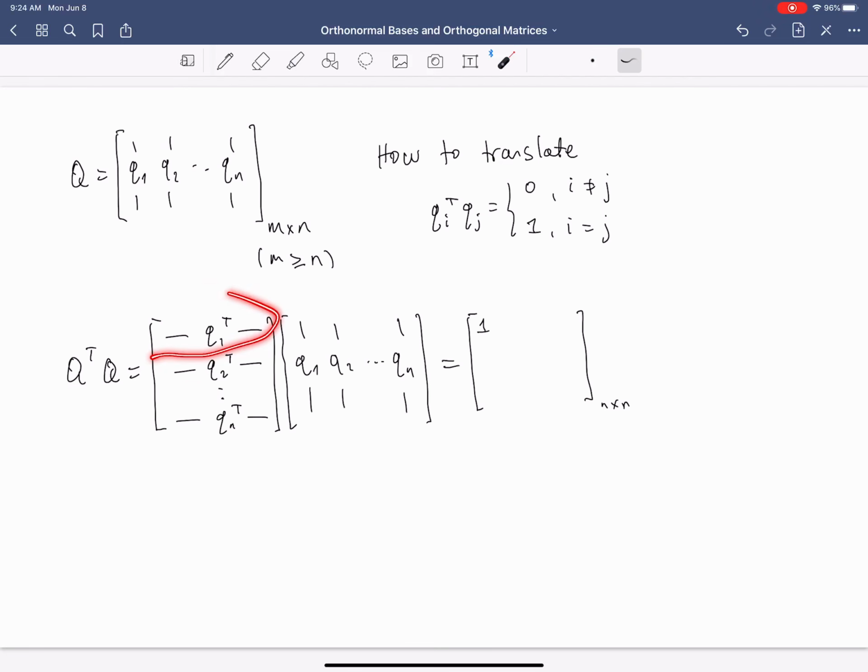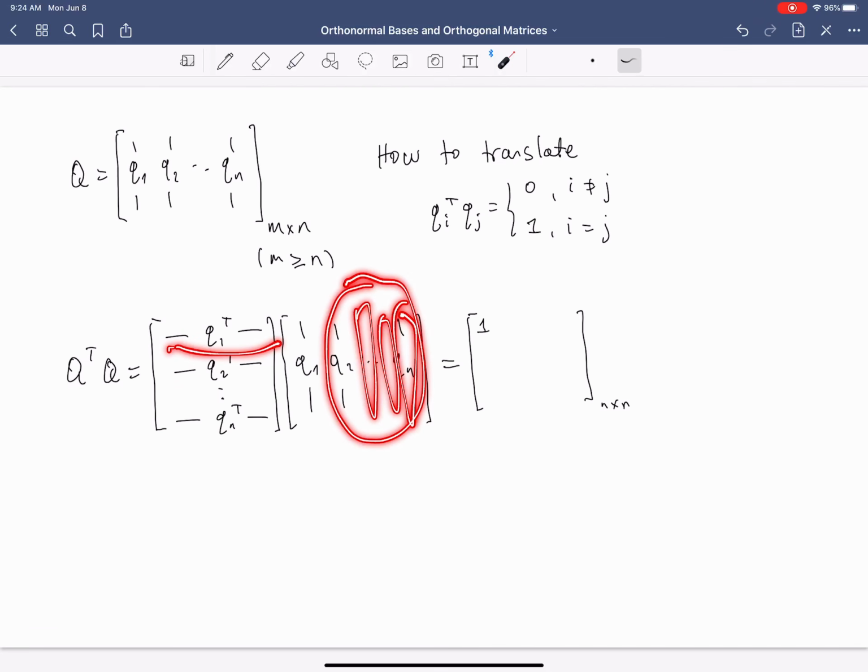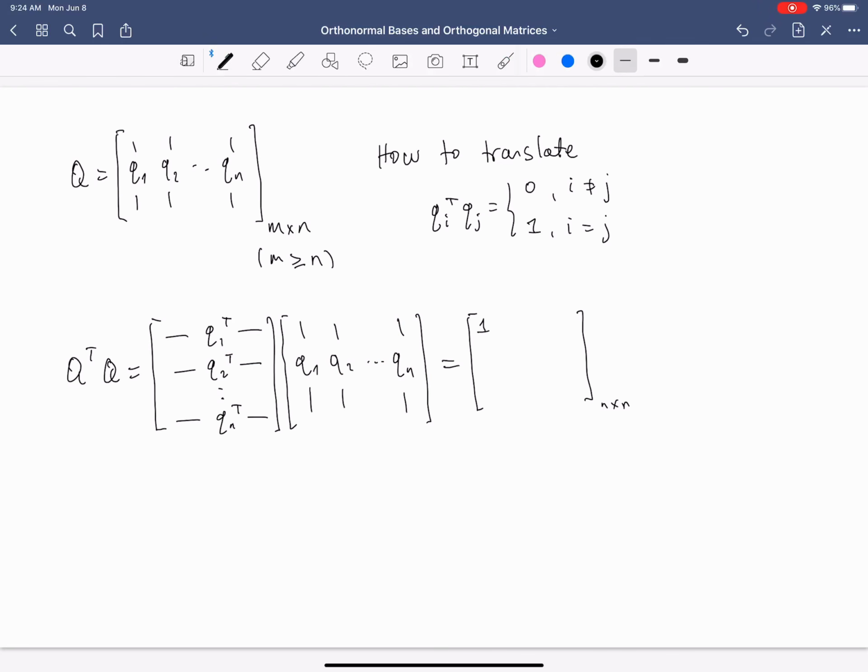If we take Q1 transpose times Q2, because these vectors are orthogonal, I know that I'm getting 0. And the same is true for all the other vectors, right? Q1 is orthogonal to all of them. Therefore, Q1 transpose times any of those vectors gives me 0. So in the first row, I have 1 and then a bunch of zeros.